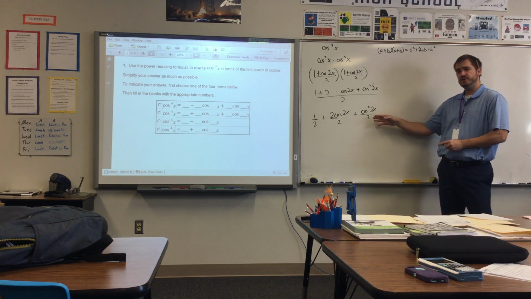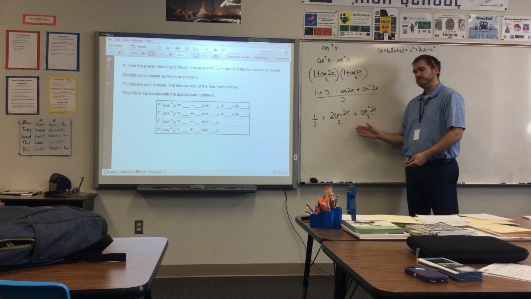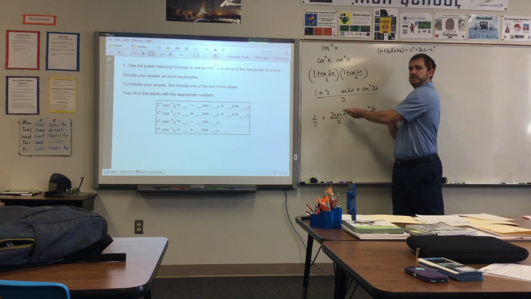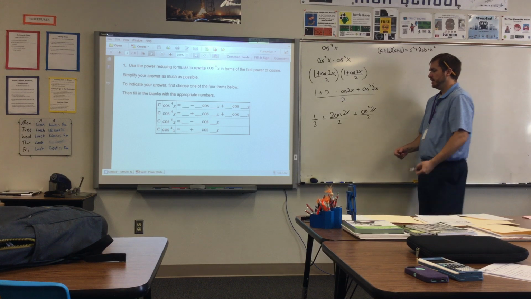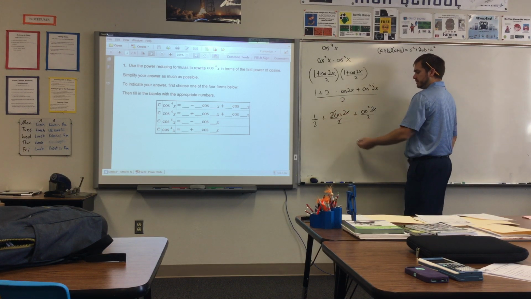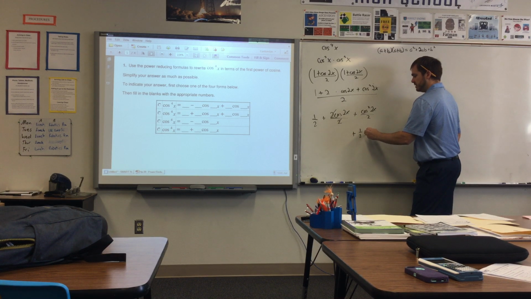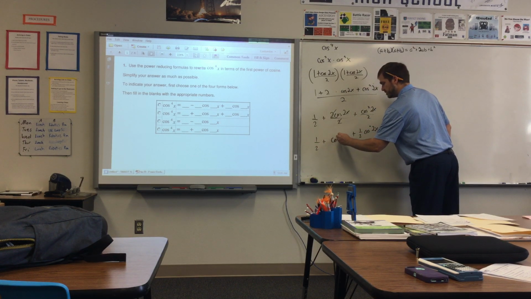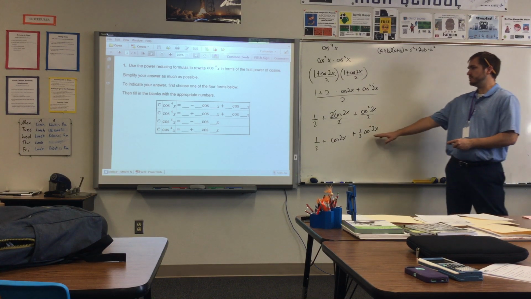Normally, you're used to having fractions with a common denominator and then combining the numerators. But now we're splitting it up. Okay? And I know that 2 divided by 2 is 1. And I'm going to rewrite this one over here as 1/2 cosine squared 2x. So right now we have 1/2 plus cosine 2x plus 1/2 cosine squared 2x.